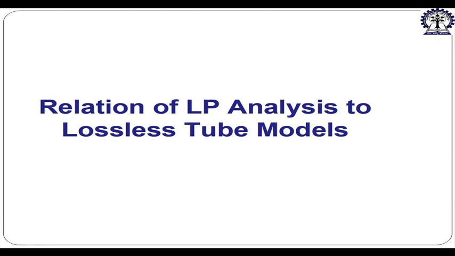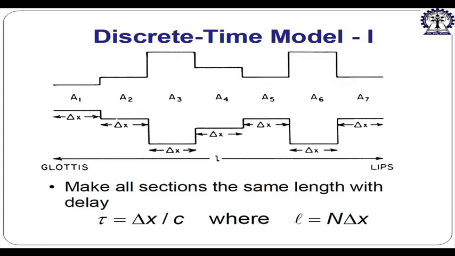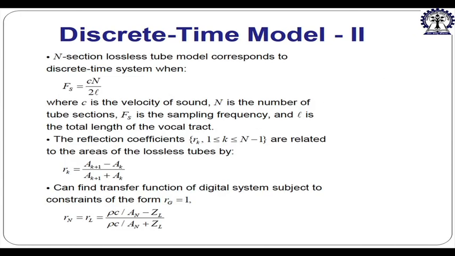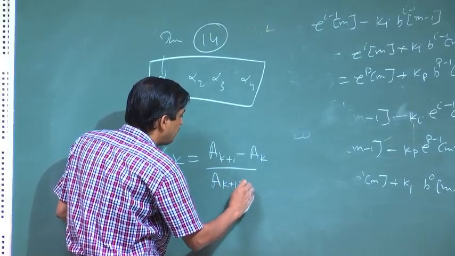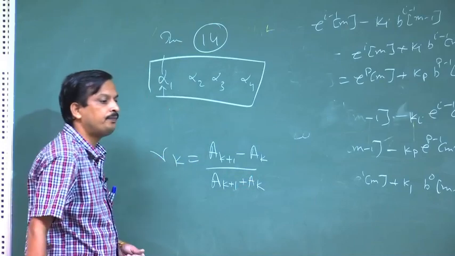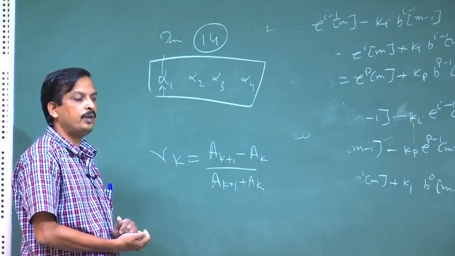Then I have already said in my tube class, this LP analysis is related to the lossless tube model. If I consider all tubes have the same dimension, then I know L equal to N into delta x. You know that the reflection coefficient r_k is A_{k+1} minus A_k divided by A_{k+1} plus A_k.